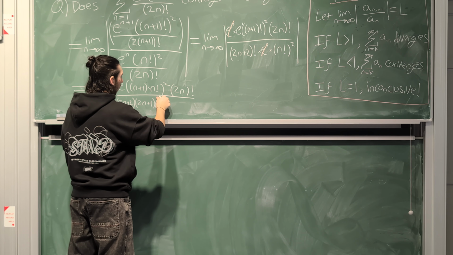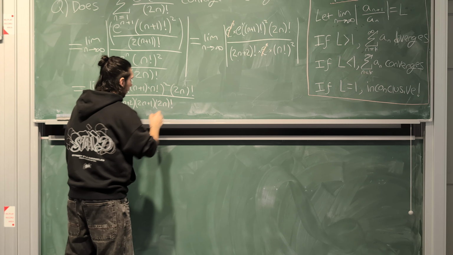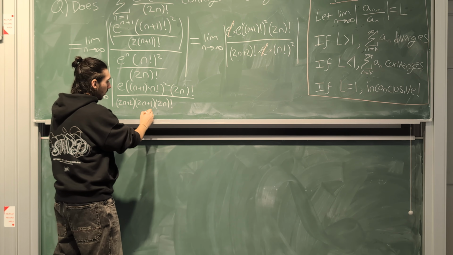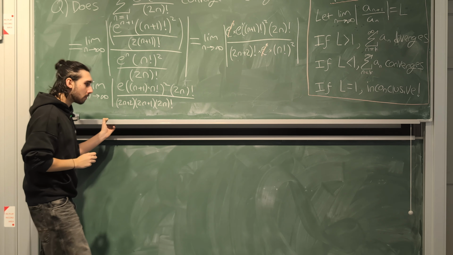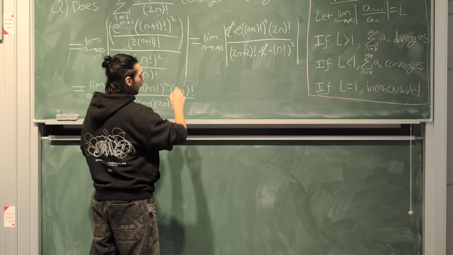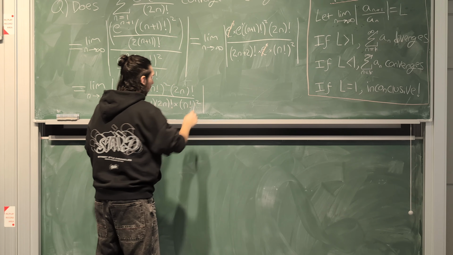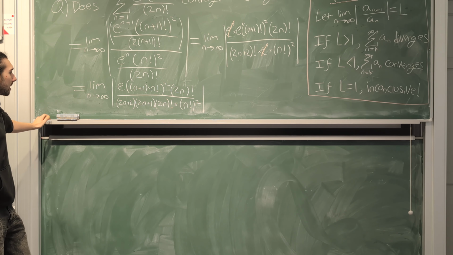But those terms, I'm just going to write that as 2n factorial. Okay, so 2n plus 2 times 2n plus 1 times 2n factorial. Okay, and then I have still got n factorial squared. So it still needs a lot of work, but we're kind of getting there.